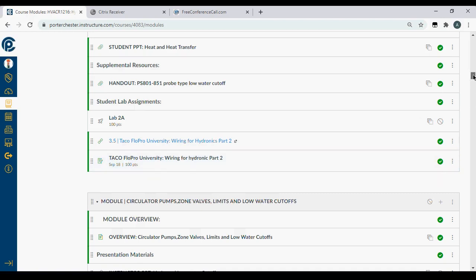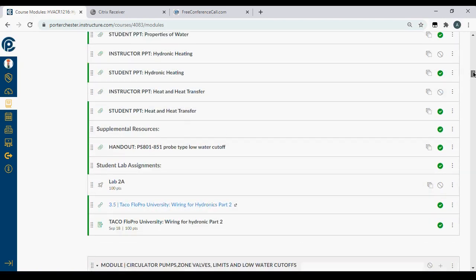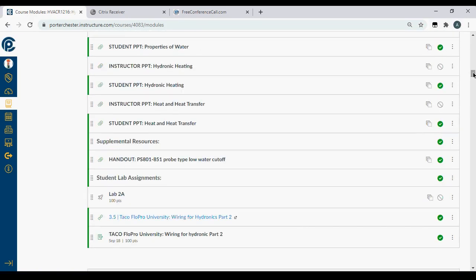On Monday, we are going to be starting to get into more limit controls and circulator pumps and stuff like that. Oh, I think, do we not have school on Monday? Pennsylvania doesn't have school on Monday. It's some sort of teacher appreciation thing, but we don't have online with you on Monday anyway.